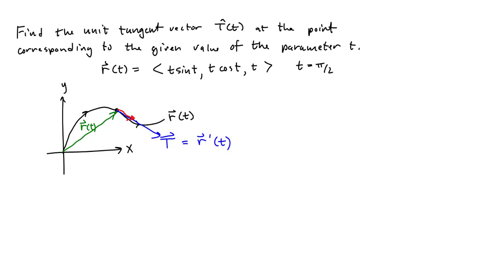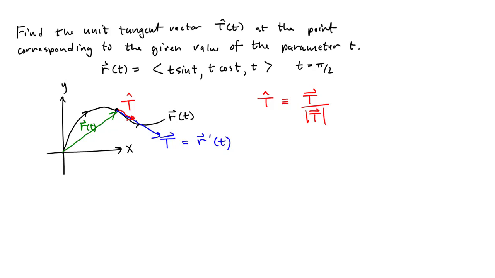So that's going to be a vector that's in the same direction as our tangent vector, but has a magnitude of 1. So you might recall that a unit vector is defined to be a vector divided by its magnitude.